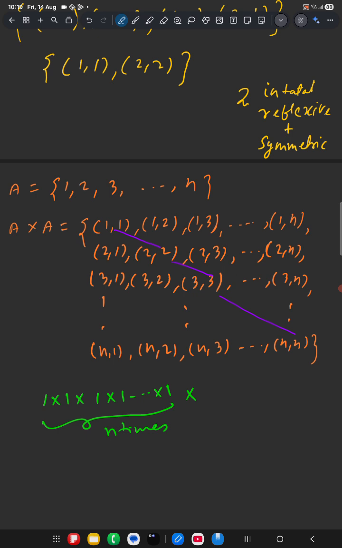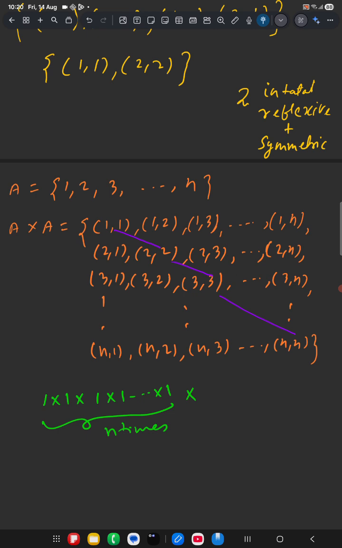Why? In totality, A cross A contains n square elements, and the diagonal has n, so the remaining are n square minus n. But we will take half of that, because every element above the diagonal has its reverse below. So we make them one entity, and you will have (n square minus n) by 2 total pairs, which will give you a symmetric relation.